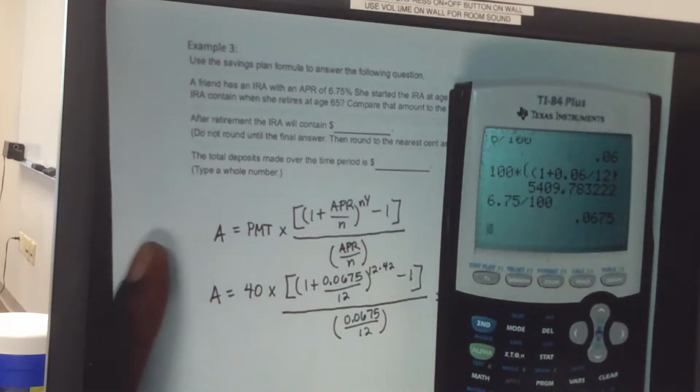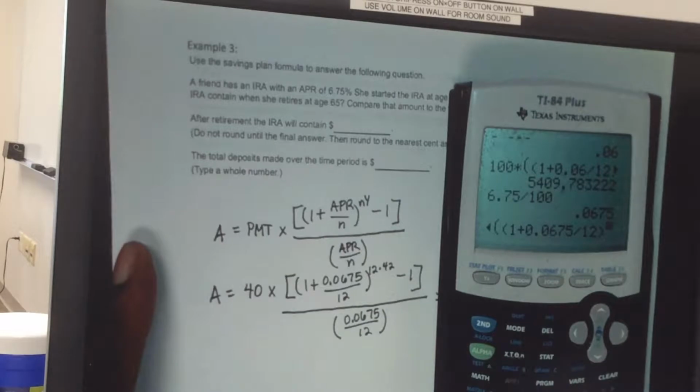So in this case here, we're going to do 40 times, left parentheses, and then left parentheses again, 1 plus 0.0675 divided by 12, close parentheses, and then the hat key to do 12 times 42.